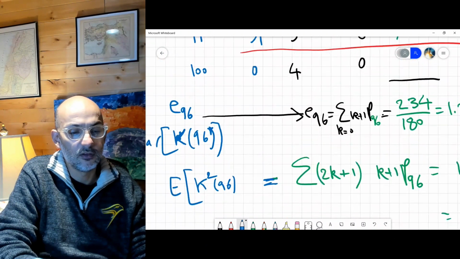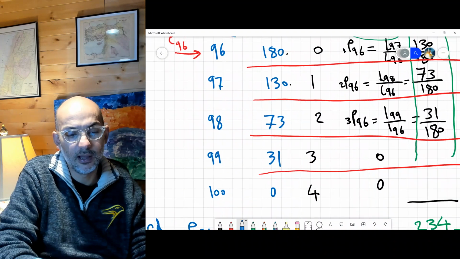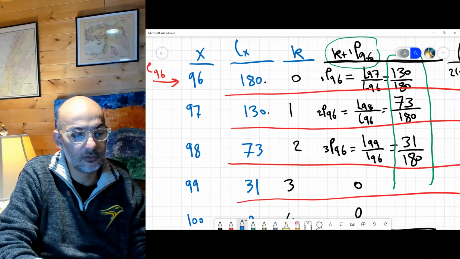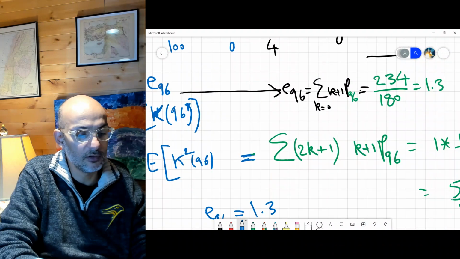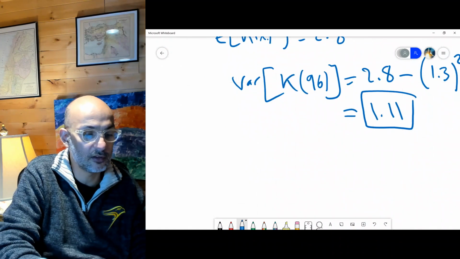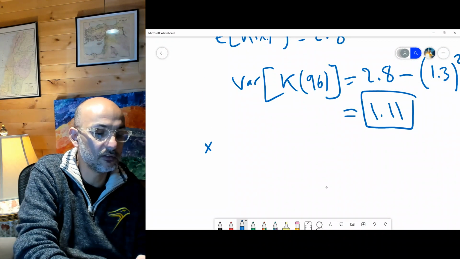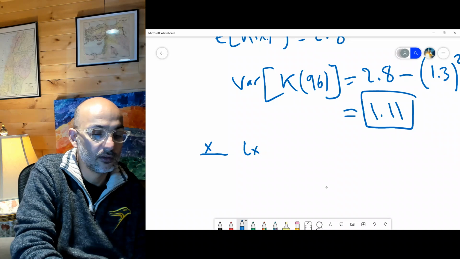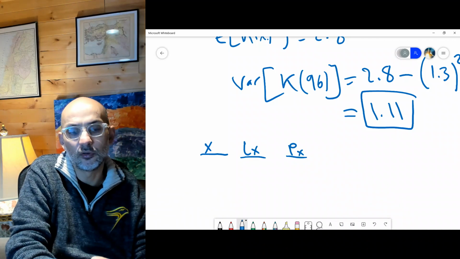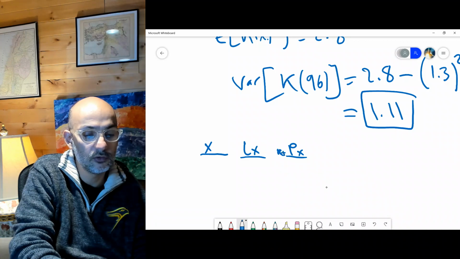Let me go back. Very important for you to remember this table, right? If you're given a question, let's summarize how you do it. You have x, this is the age, then you have lx, maybe px. You might be given lx or px, k plus 1, but you can move from one to another, right?